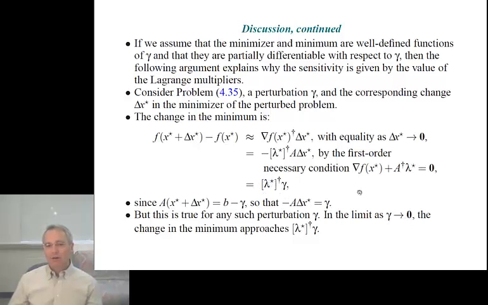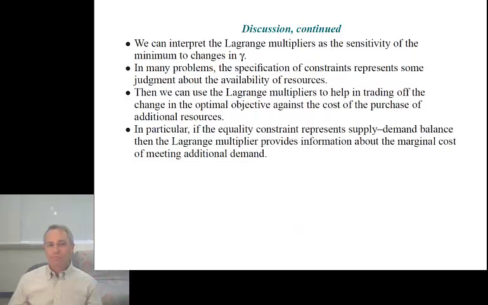As gamma goes to 0, this would enable us to evaluate the derivative of the change in the minimum with respect to gamma, and it would tell us that that derivative or sensitivity is lambda star transpose. So we can interpret the Lagrange multipliers as the sensitivity of the minimum to changes in gamma.